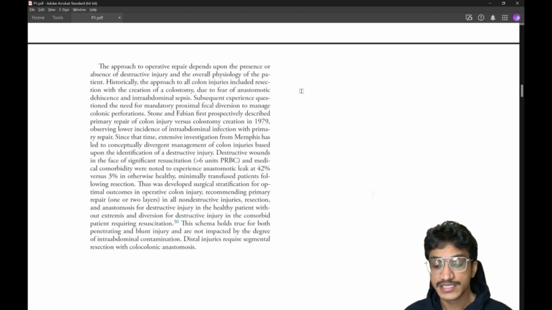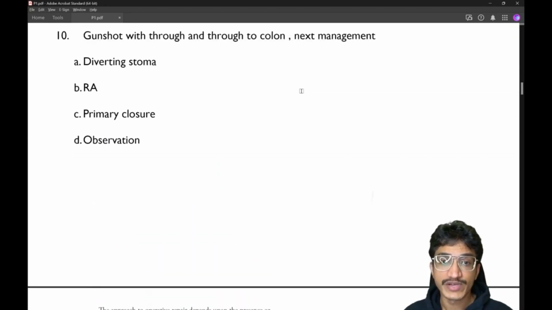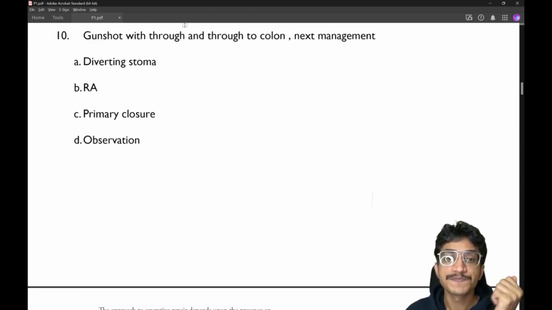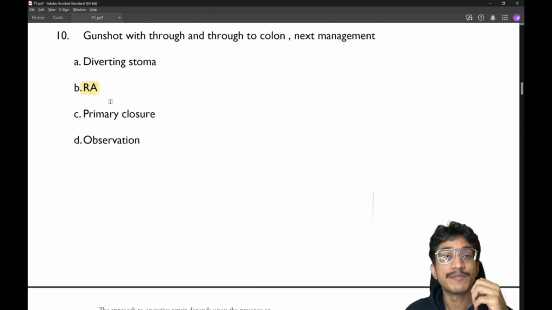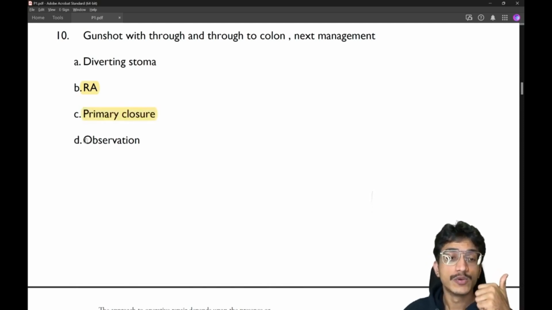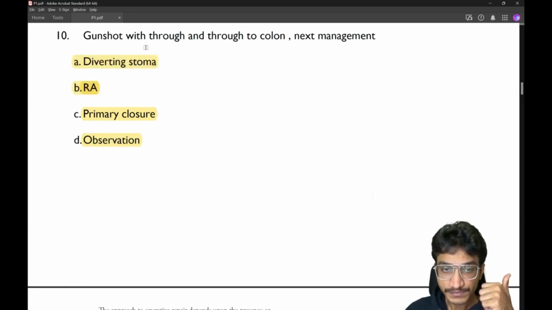In such cases, what are the options which have been given to the students? You cannot do a resection with primary anastomosis, you need to divert. You cannot do a primary closure, you cannot observe. So the answer should be a diverting stoma in this case. Okay, so this should be the answer.